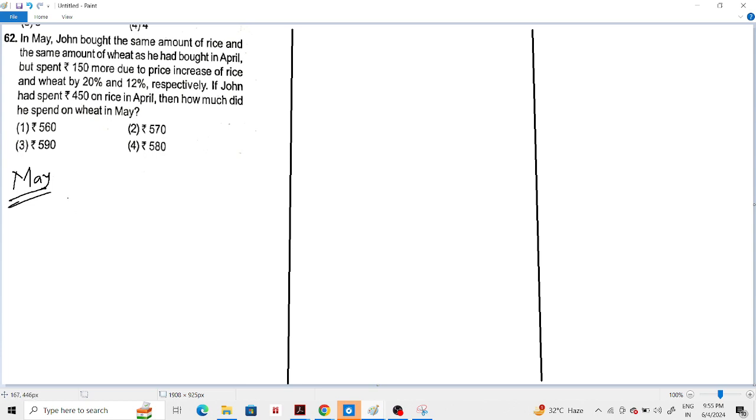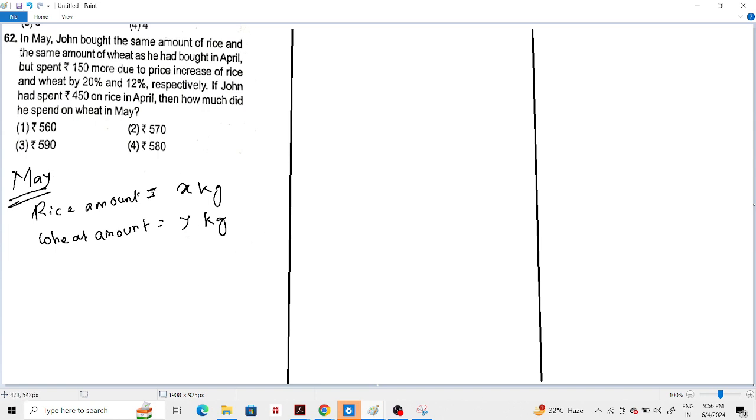So in May, okay, rice amount is x kg, wheat amount is y kg. So we can take this one variable at a time.